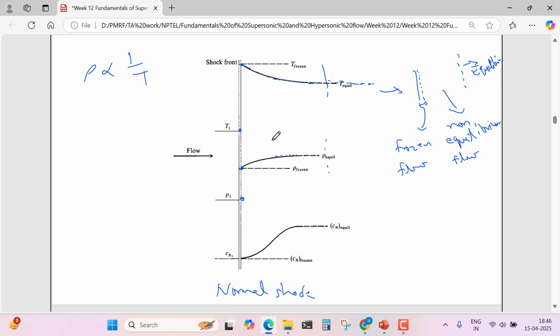Now, as the density has increased, this similar thing will happen for the body also.